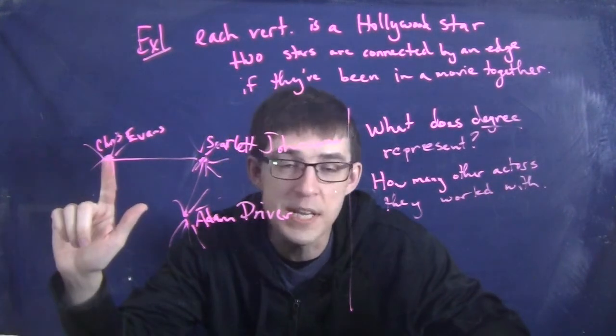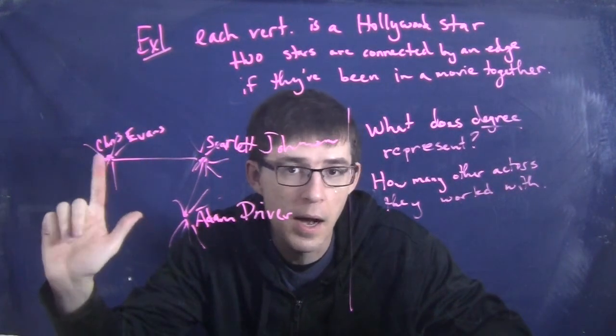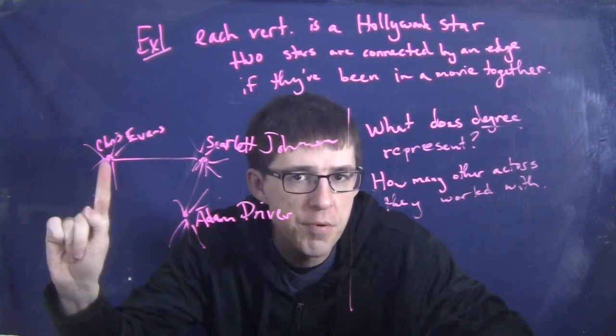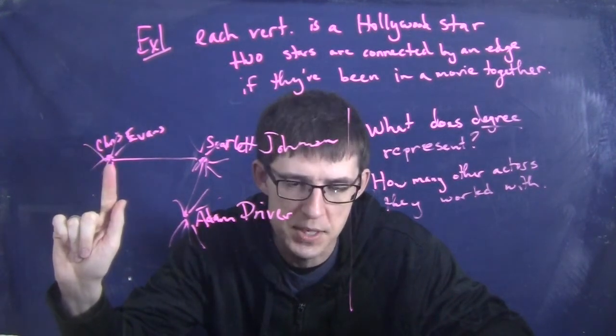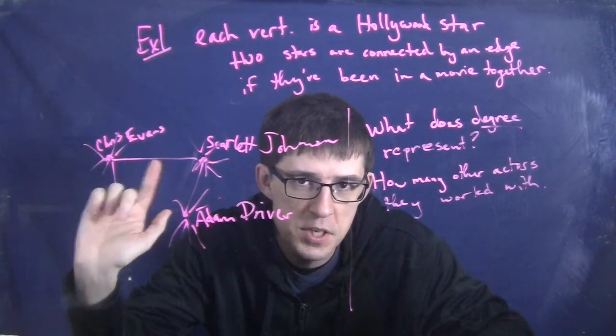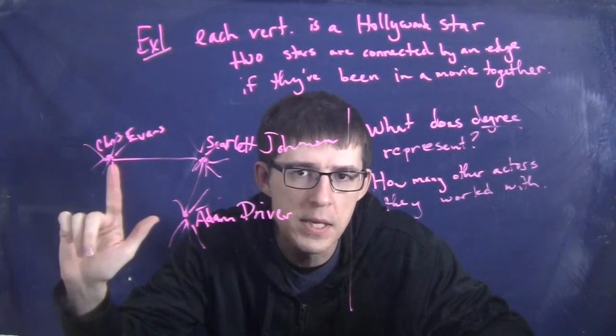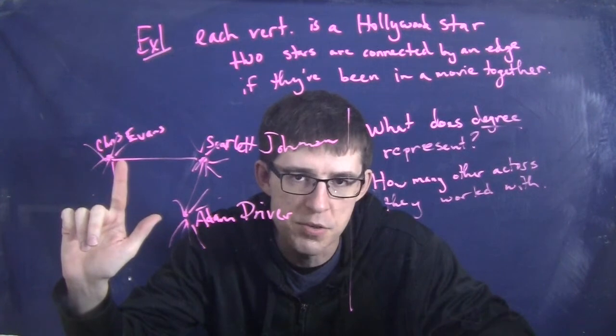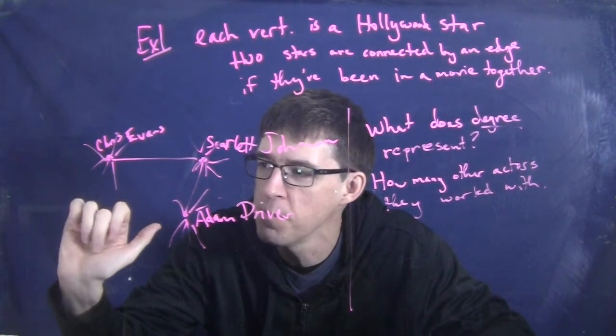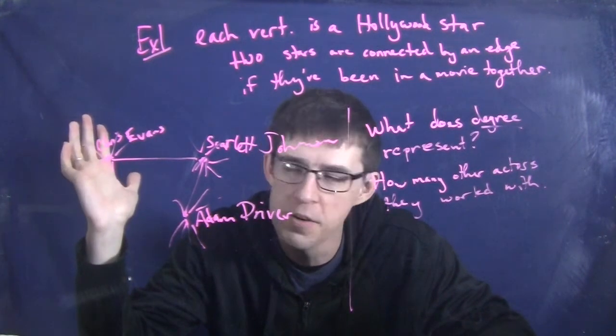So what is Chris Evans's degree? I don't know what it is, but it's definitely not 3, right? That was one of the options I said before. If Chris Evans's degree was 3, that would mean that he was only in movies with 3 other people, which is not true. Even in one of those Marvel movies, he was with like 100 other stars, right?